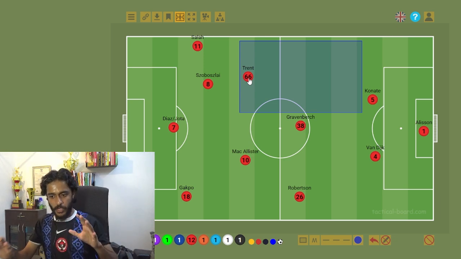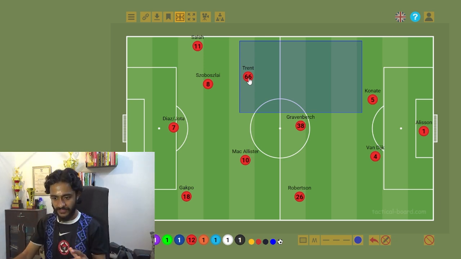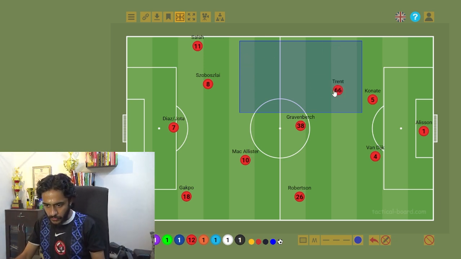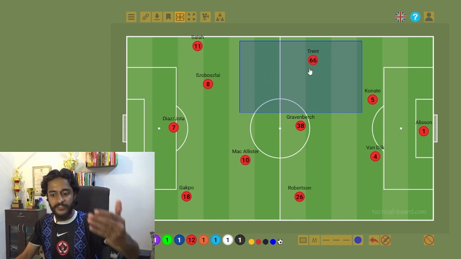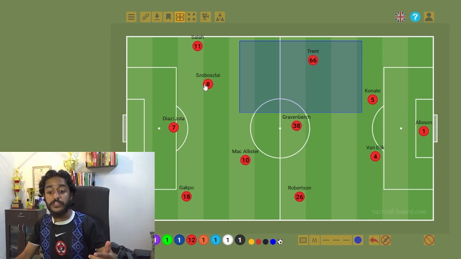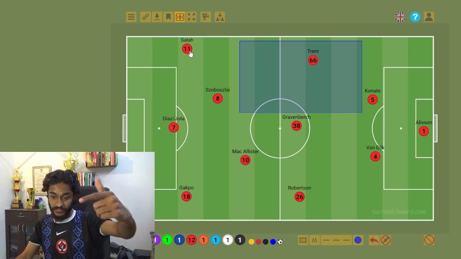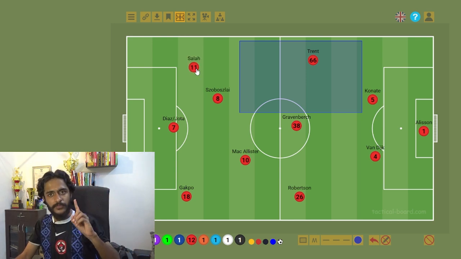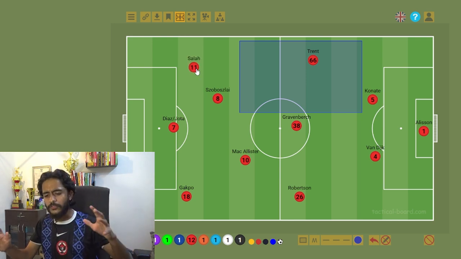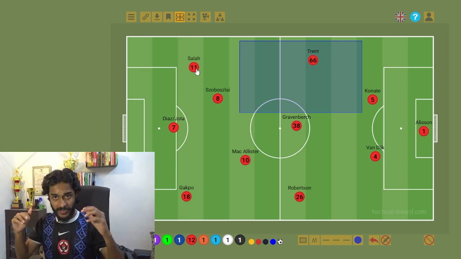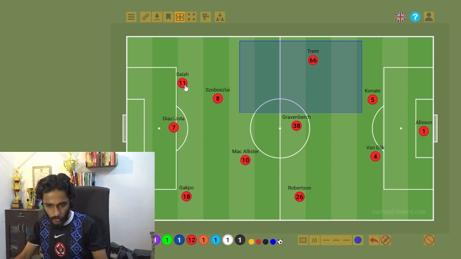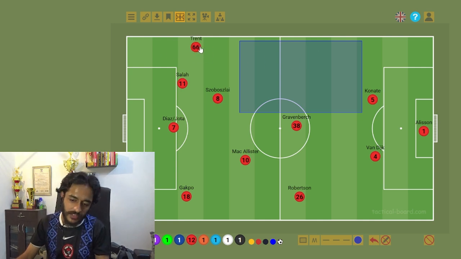So Trent under Slot in his best performances was in this kind of an area here, pinging the ball to Gakpo, pinging it to Diaz, playing line-breaking or progressive passes into Gravenberch or mostly into Szoboszlai or mostly into Salah, who is at times waiting out wide, who at times is coming inside. But what we did not see on multiple occasions, or what we did not see as the majority part of the Trent role in the Slot system, was Salah dropping in and Trent making these runs and then crossing the ball.